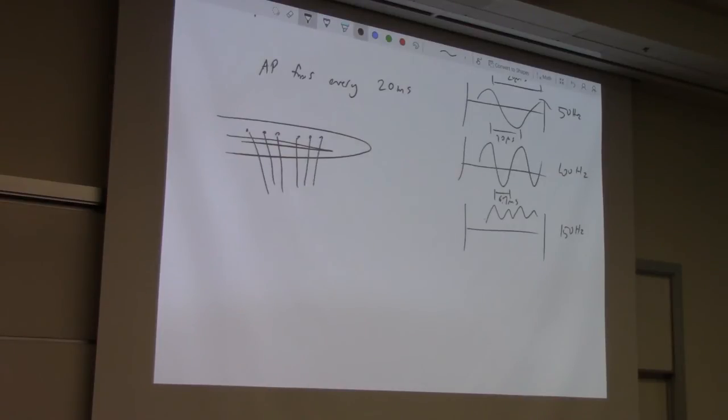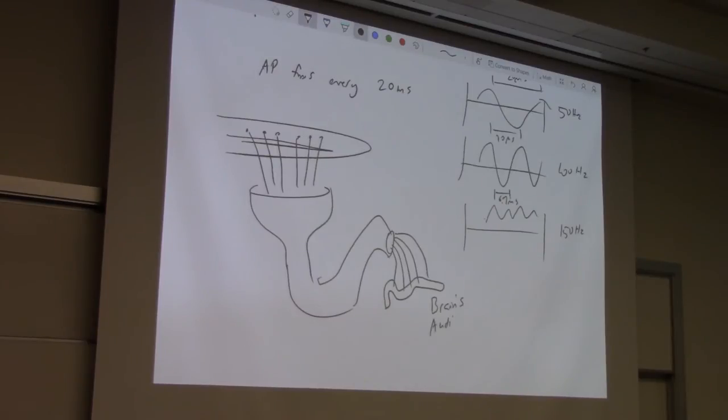Those neurons are sort of bundled together into the auditory nerve, which travels not very far, just from the ear to the auditory cortex in the brain, which has some folded brain-like shape to it. And then those neurons come out of this nerve, and they actually go and they stimulate different parts of the auditory cortex. This is the brain's auditory cortex.